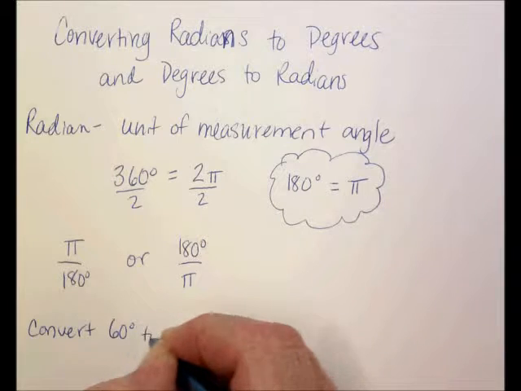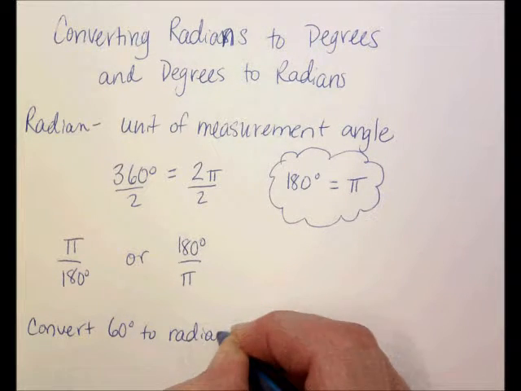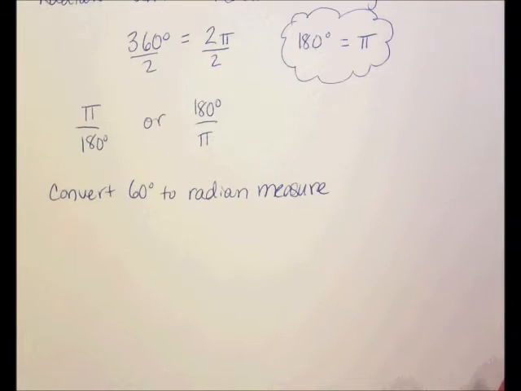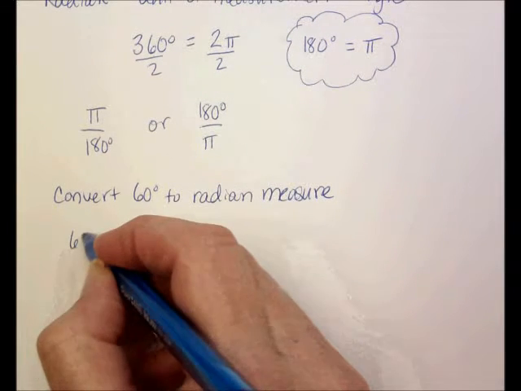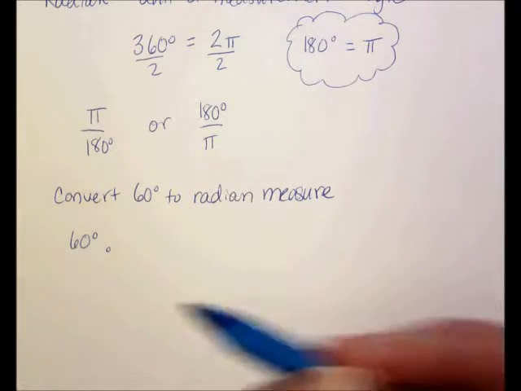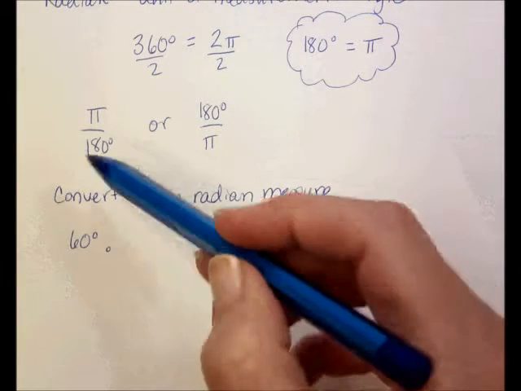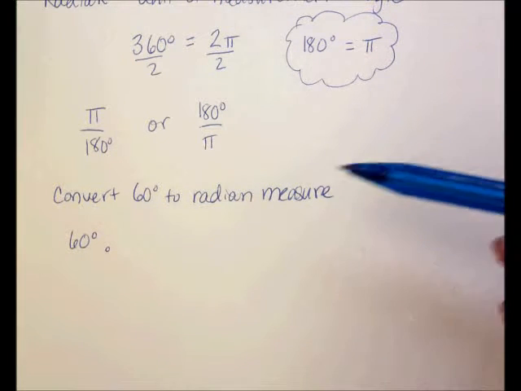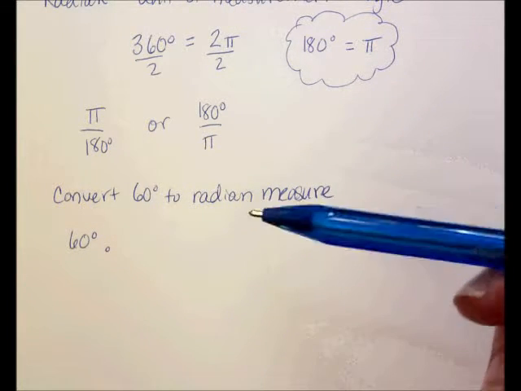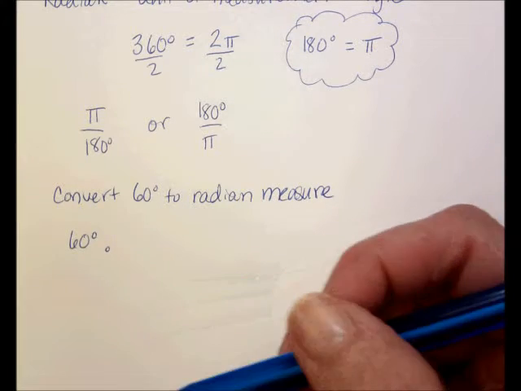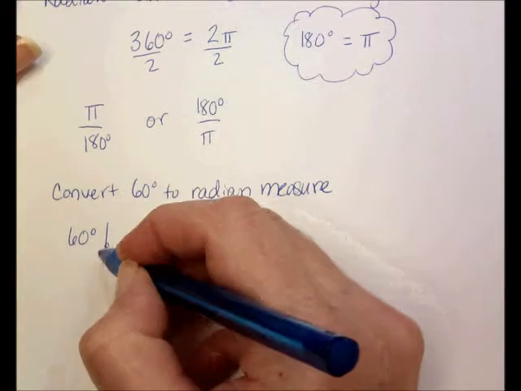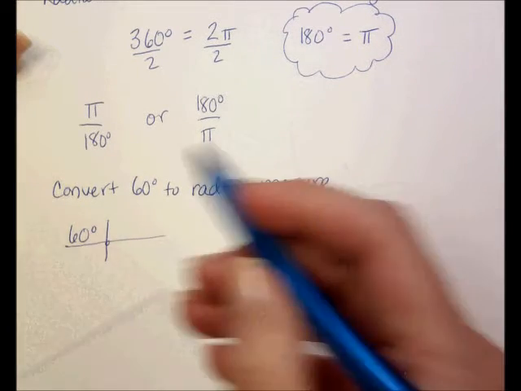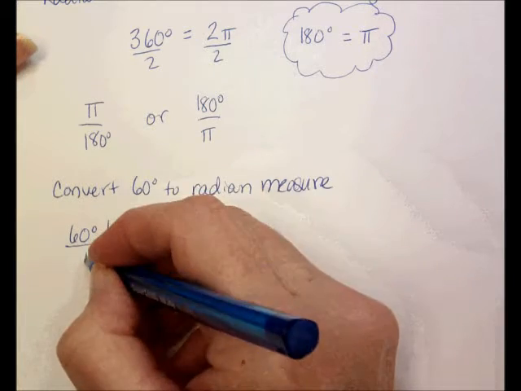So in the case of degrees, if I ask you to convert 60 degrees to a radian measure, which we talked about, it's in terms of pi, then what we would do here is I have 60 degrees, and I would multiply it by whichever fraction would equal pi or radians, and that would also get rid of my unit, which is degrees, and leave our radians unit. So we talked about it could either be multiplied by a fraction, or we could use our t-chart that we use in science.